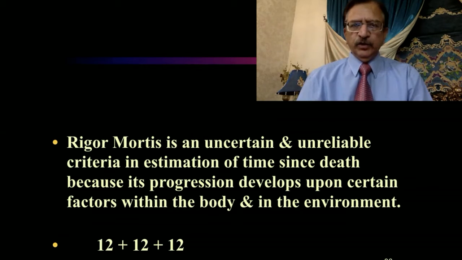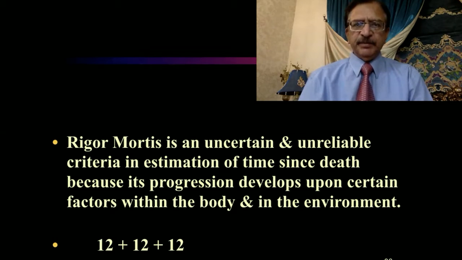And we know that this development is 12 plus 12 plus 12, which means the craniocaudal development, that is head to toe development, takes 12 hours to develop. Then for 12 hours it will stay, and in the next 12 hours it will pass off in the similar fashion from head to toe as it has developed.